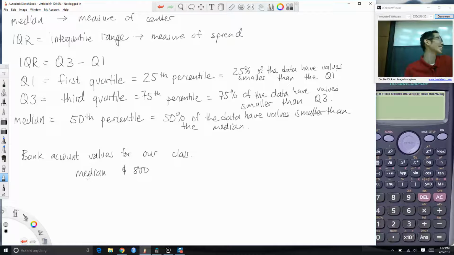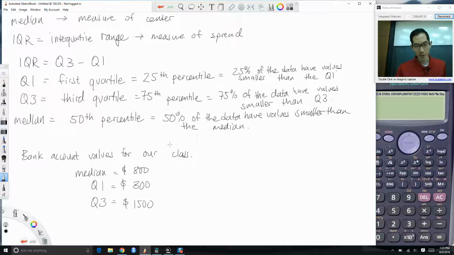Q1 is 300, Q3 is 1,500. And there might be the 1%er who has $20,000 in their bank account, or more.